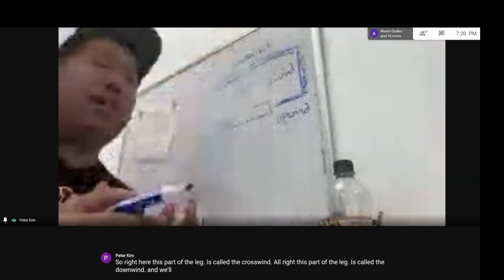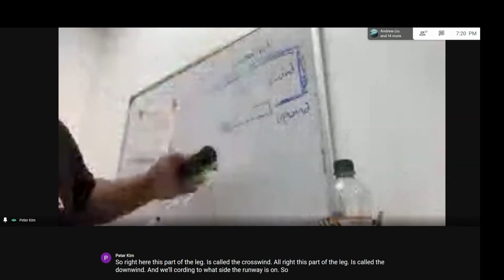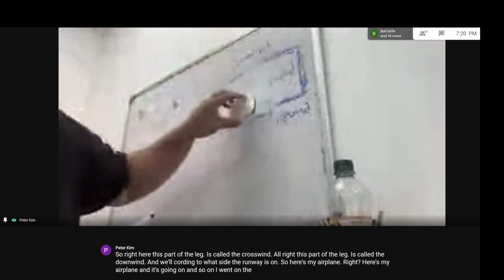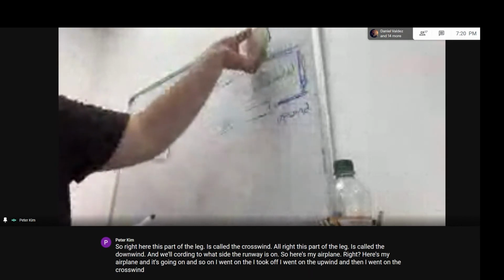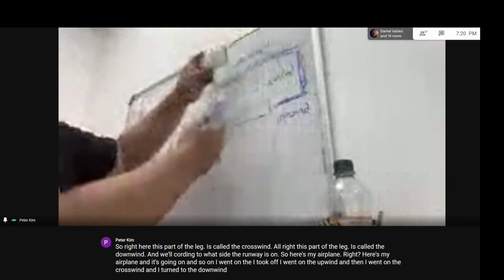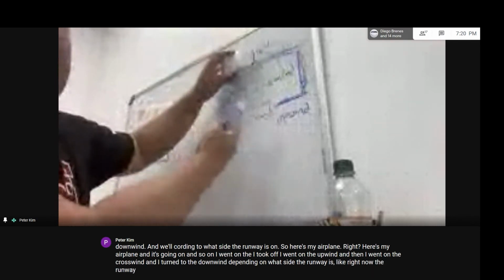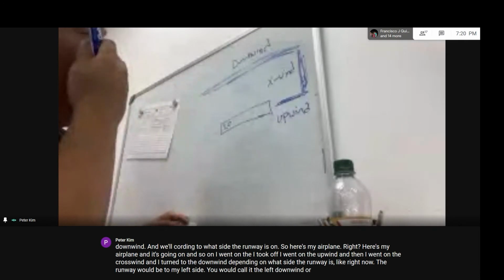And according to what side the runway is on, so here's my airplane, right? I took off, I went on the upwind, then I went on the crosswind, and I turned to the downwind. Depending on what side the runway is, like right now the runway would be to my left side, you would call it the left downwind, or you'll call it the right downwind.